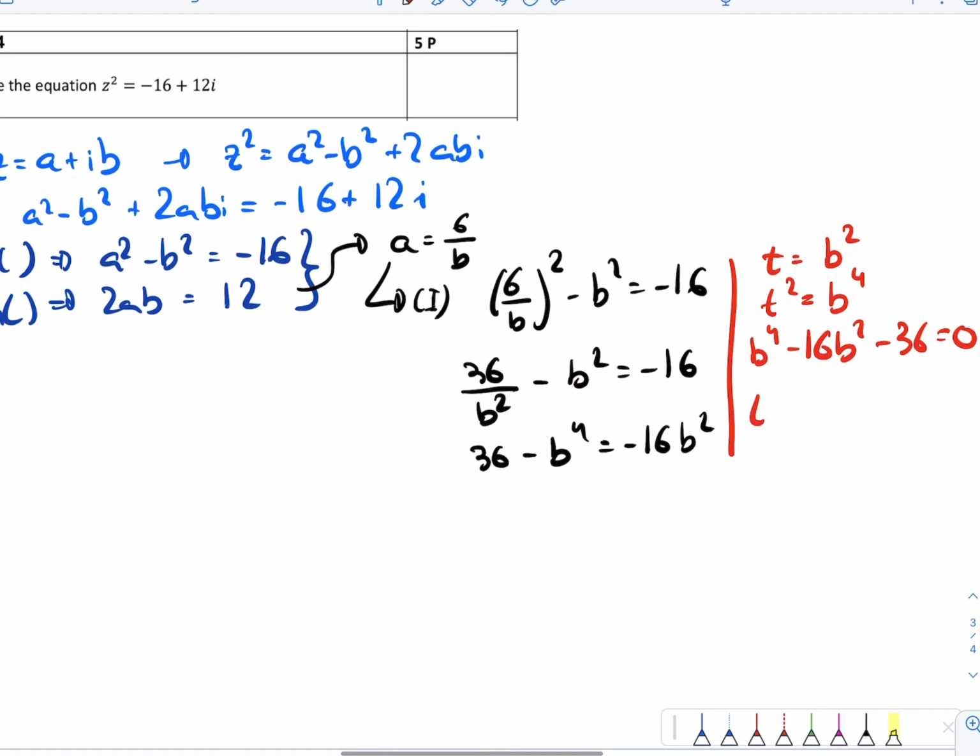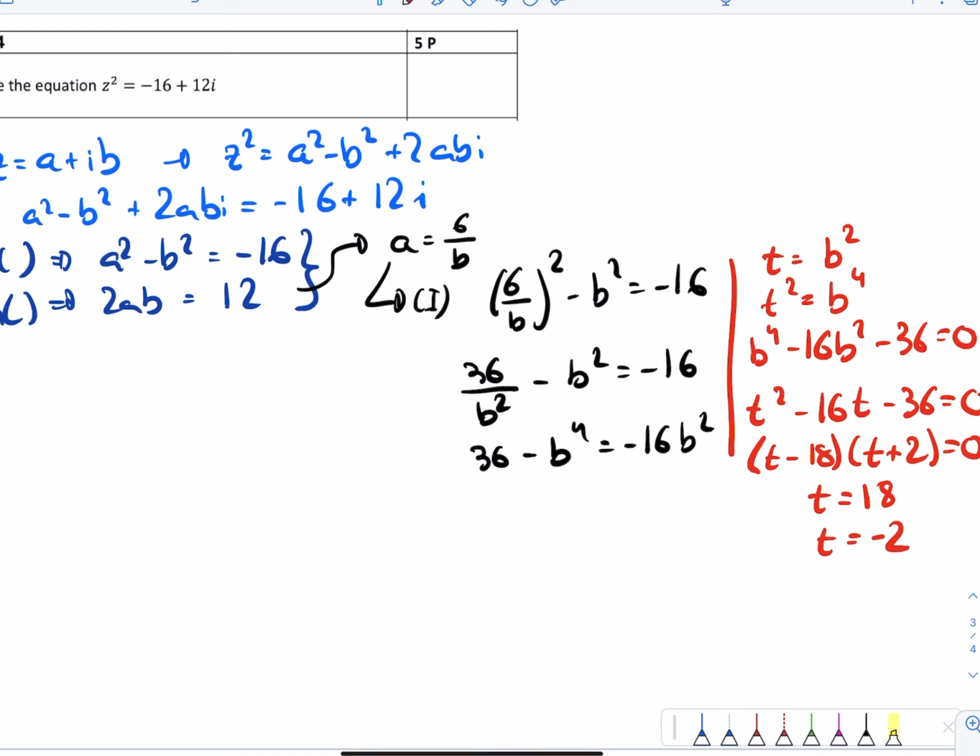We transform this to t squared minus 16t minus 36 equal to 0, which is the same as t minus 18 times t plus 2 equals 0, which means that the two possible solutions for t here are t equal to 18 and t equal to negative 2.